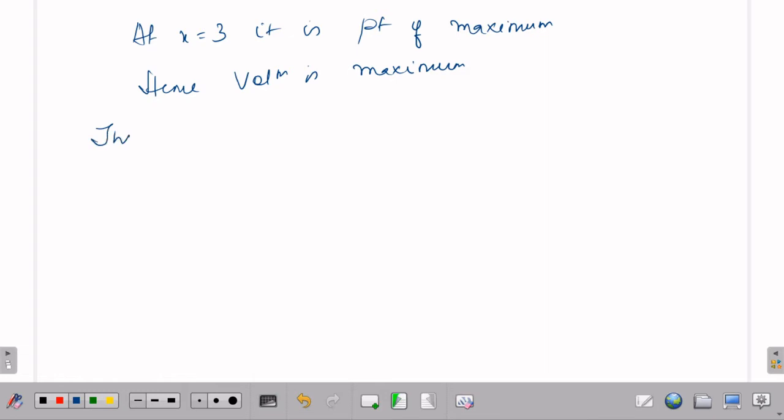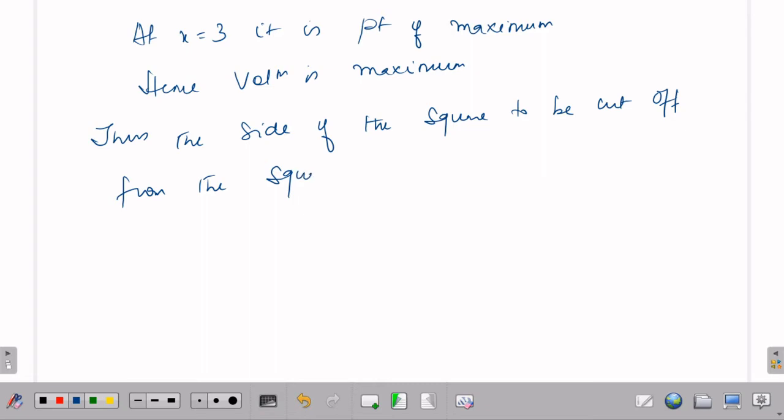So thus the side of the square to be cut off from the square thin is nothing more than x is equal to 3 centimeter, and that is your answer. Again, pause the video and then check nicely. So that's all about your question number 17.